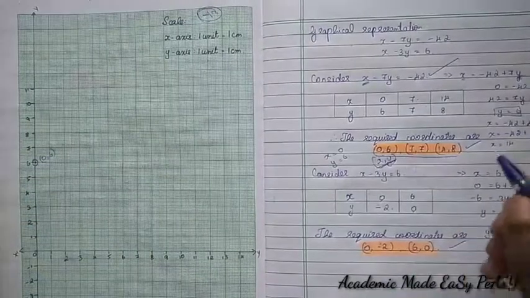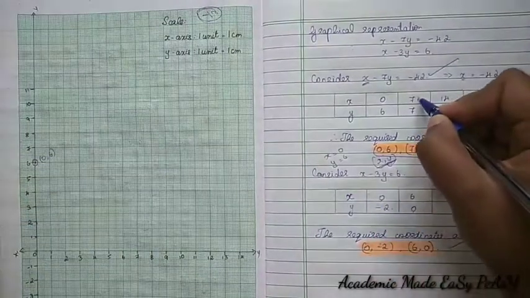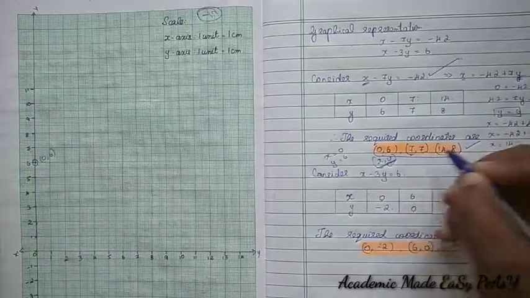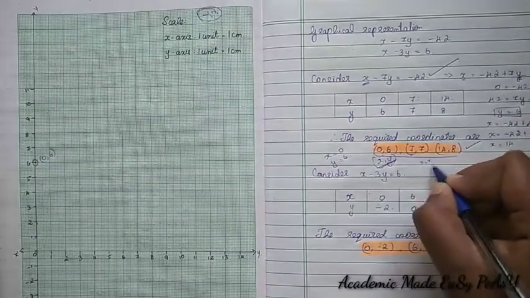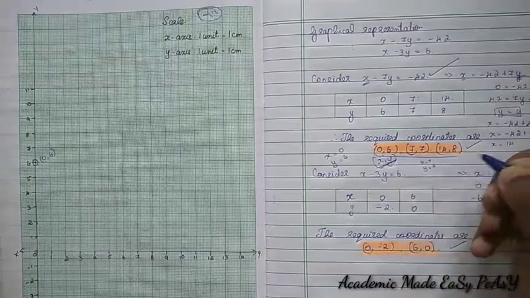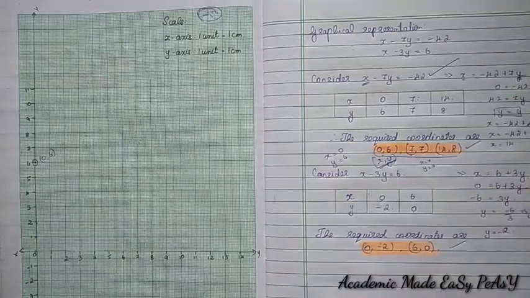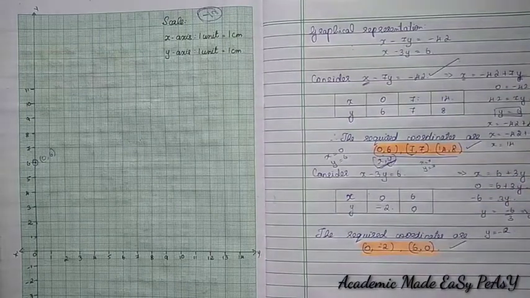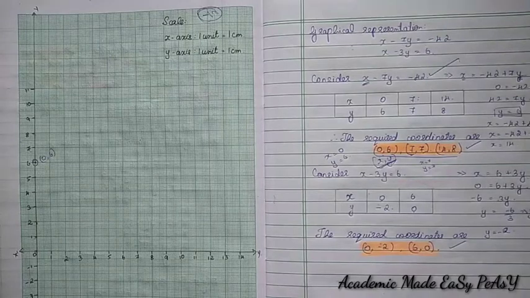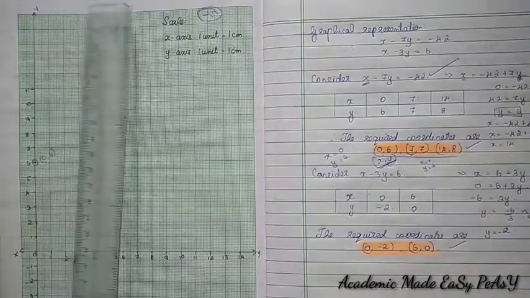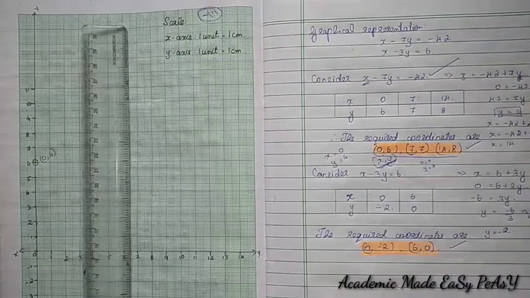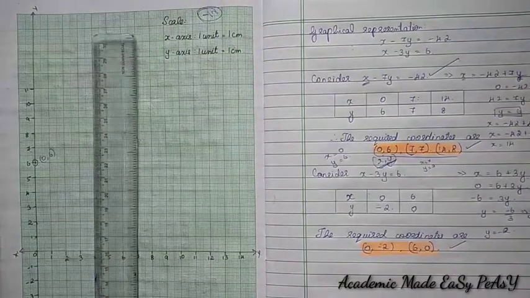Okay, so now we will be checking the next. This is (7, 7). So x is 7, y is also 7. Now we will plot. If plotting is new or tough, you can just keep a scale with you. Take the scale and take it from 7. So 7 is here, no?